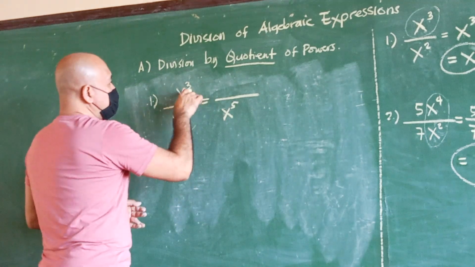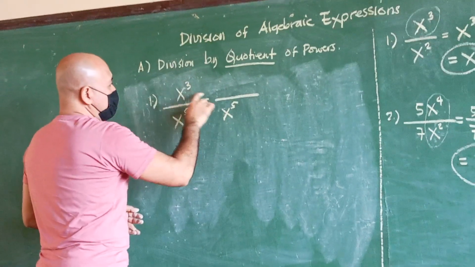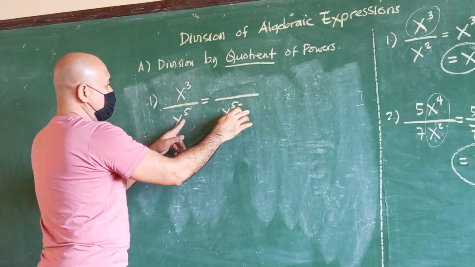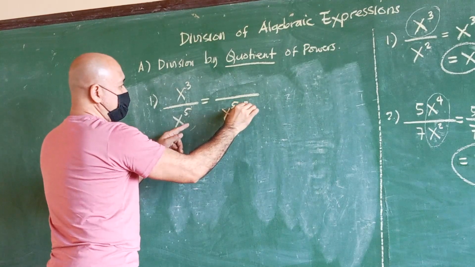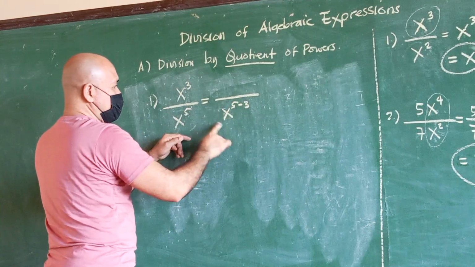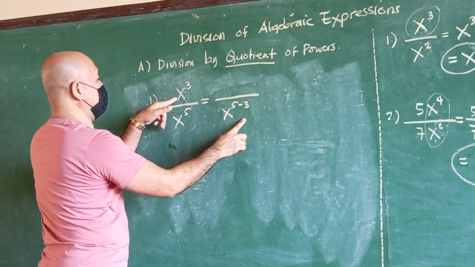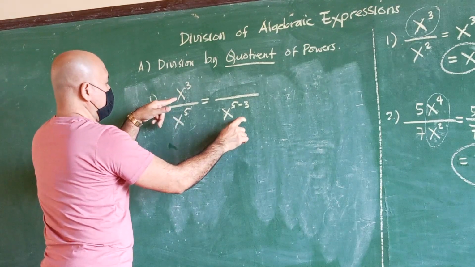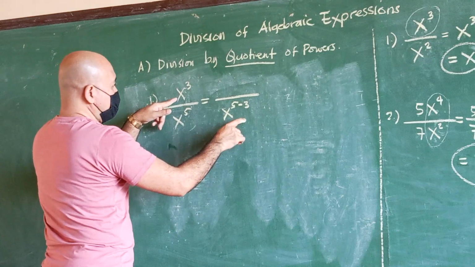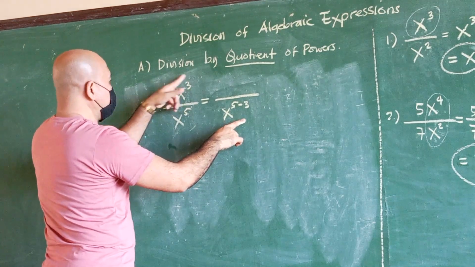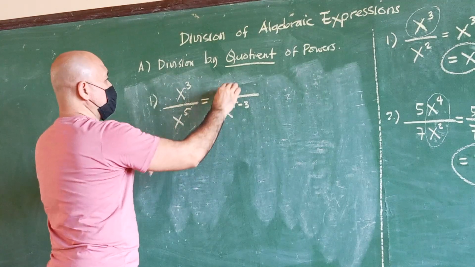And then subtract the exponent of the numerator from the exponent of the denominator. That becomes 5 minus 3. By doing this, the variable x in the numerator is eliminated, and what remains in the numerator is only 1.